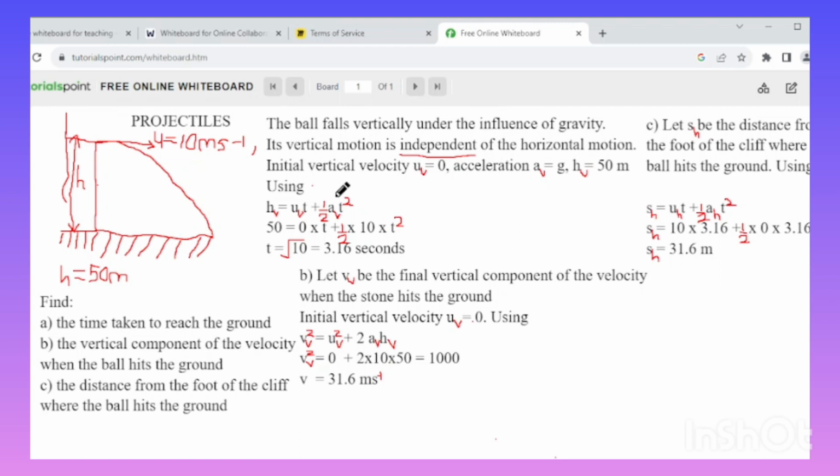t squared. Don't forget that we are writing it in terms of the vertical motion, and so for all of the vectors in the equations we are to use the vertical component. For example, h_v is the vertical height, which is also the vertical displacement, and you know that displacement is a vector quantity. u_v is the initial vertical velocity.